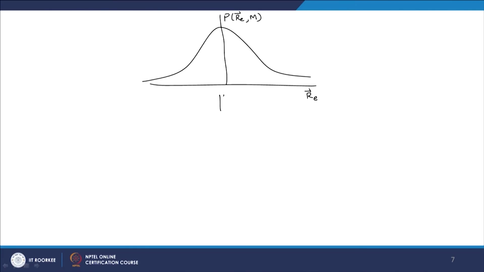So, what this amounts to is I can now write my probability distribution or probability density for a 3-dimensional random walk again as a Gaussian function, but now along a vector, but in reality this is a plot with 3 axes, that is R_ex, R_ey or R_ez.